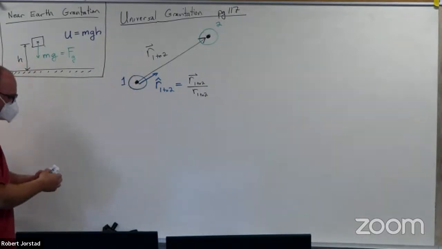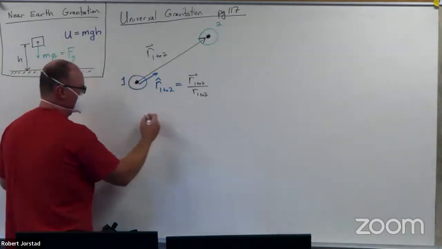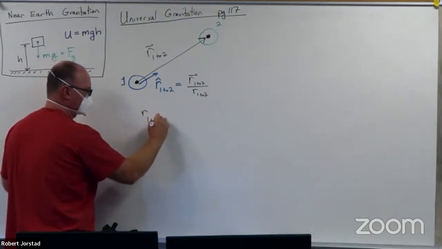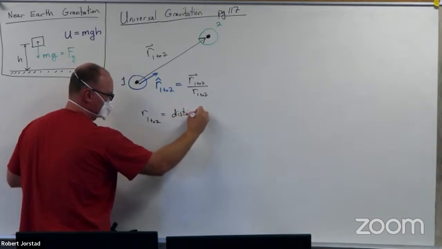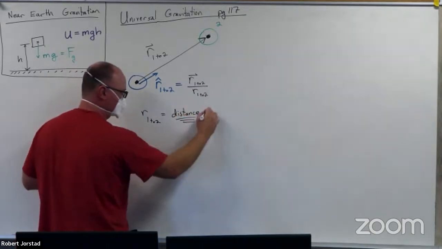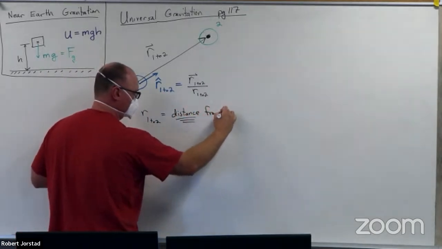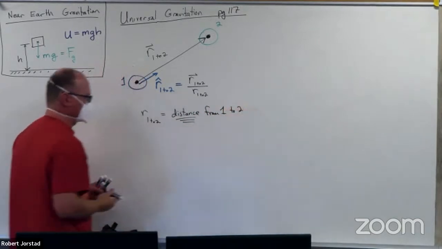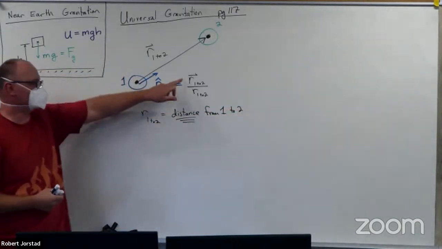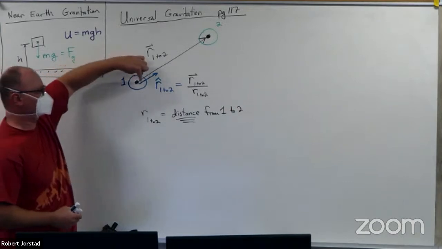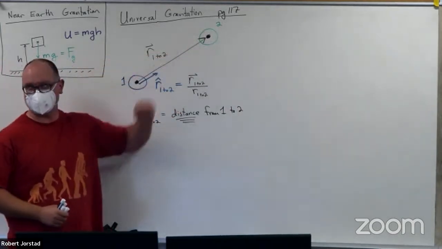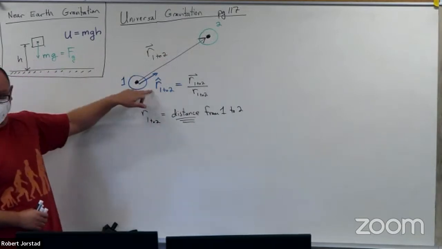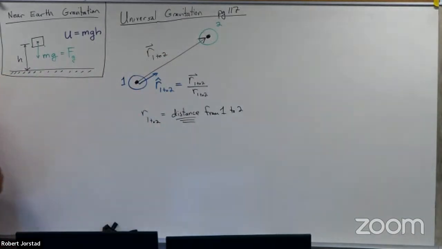Okay, and to be clear here, r_1-to-2 is the distance, not the displacement. So this is the full vector that talks about how much in the i hat, how much in the j hat. This is just the distance in meters, and this is just the direction. Everybody cool with that?